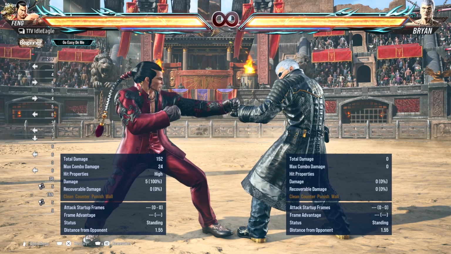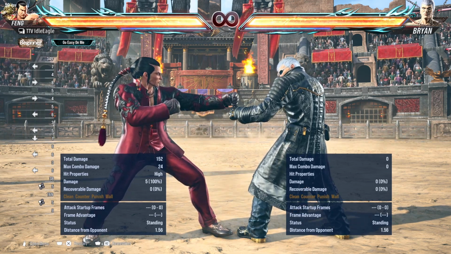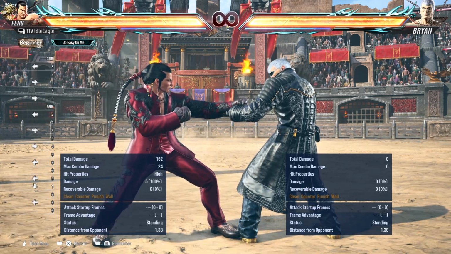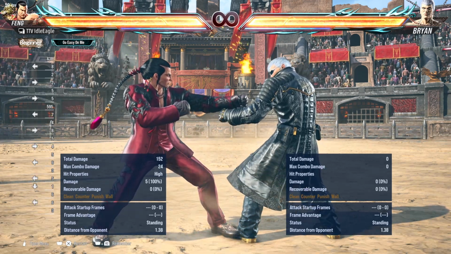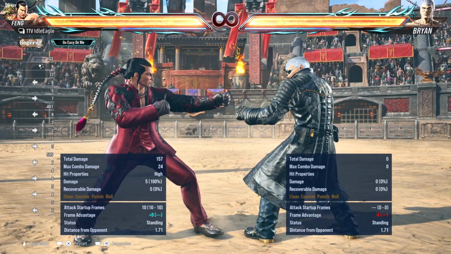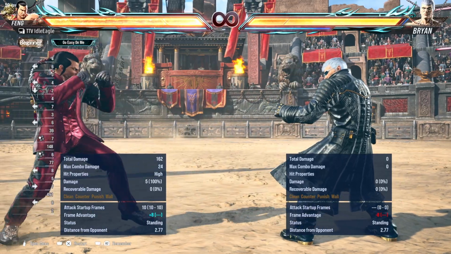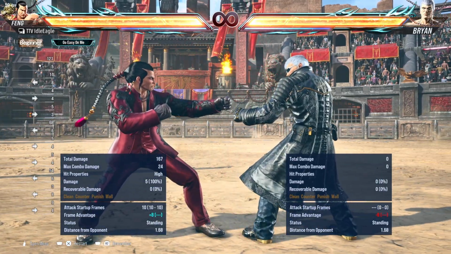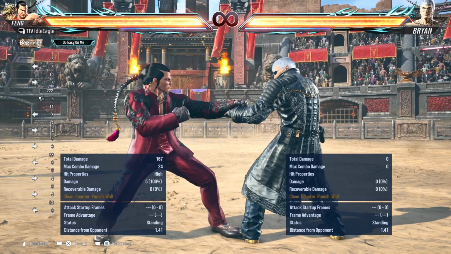Before anybody says there are exceptions, yes, there are exceptions, but we're not going to cover that in this video. We're going to make it more simple. A couple of characters have 1 or 2 moves that come out faster than 10 frames. But generally speaking, universally, the fastest move in Tekken is 10 frames, a jab, okay? That's important to keep in mind when you're thinking about frames, okay?